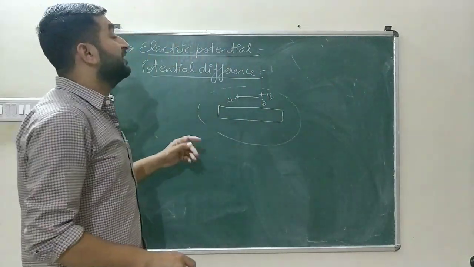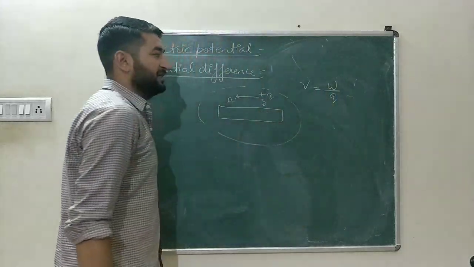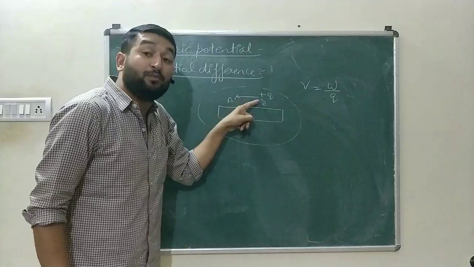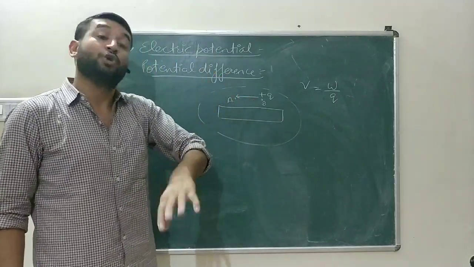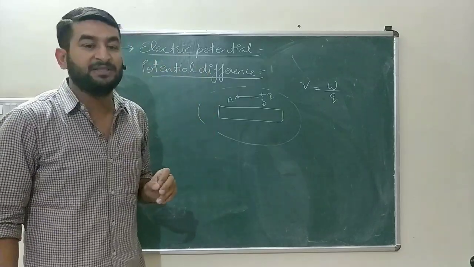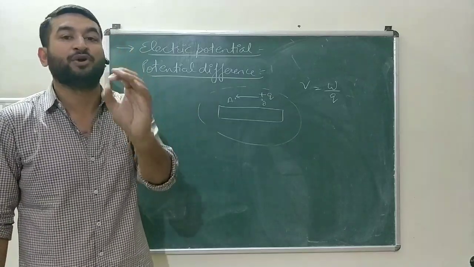So the work done in bringing a unit positive charge, that is, work done per unit charge, from one point in the electric field to another point in the electric field is known as potential difference.